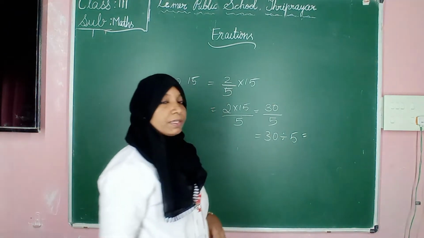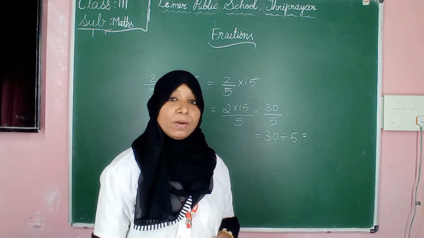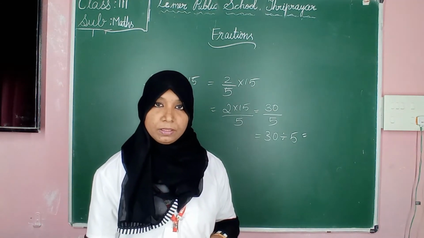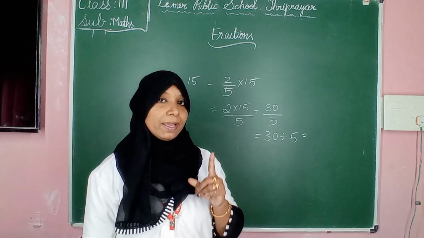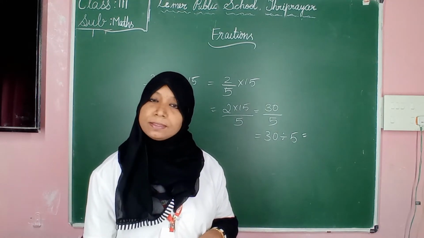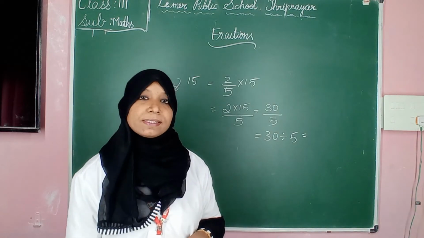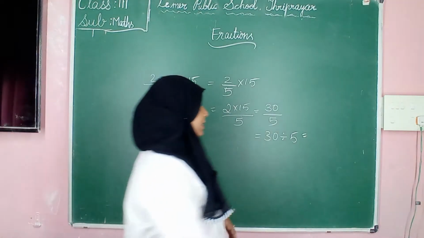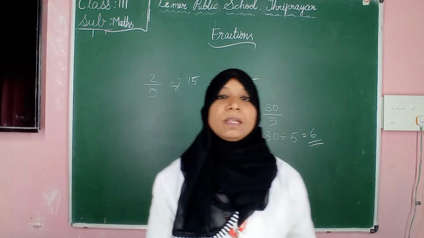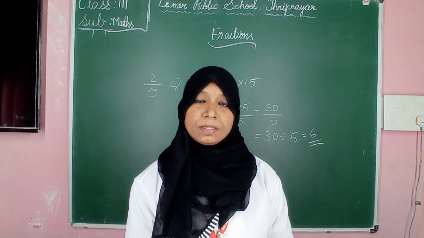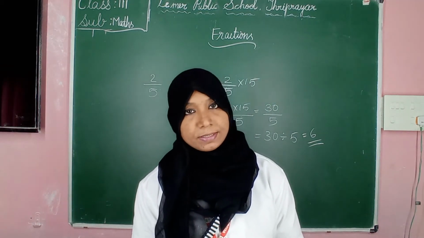From the multiplication table of 5, 5 into which number equals 30? Yes, 5 into 6 equals 30. So the answer is 6. This way we can find out the fractional part of a whole. Clear, all of you?